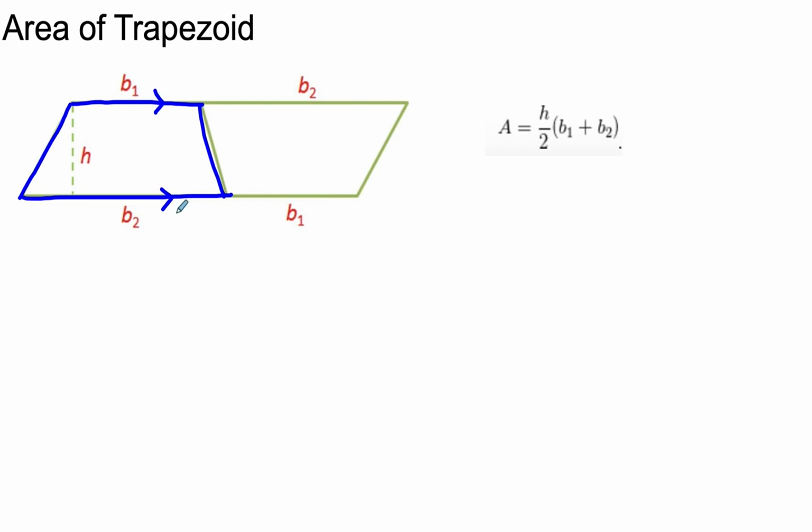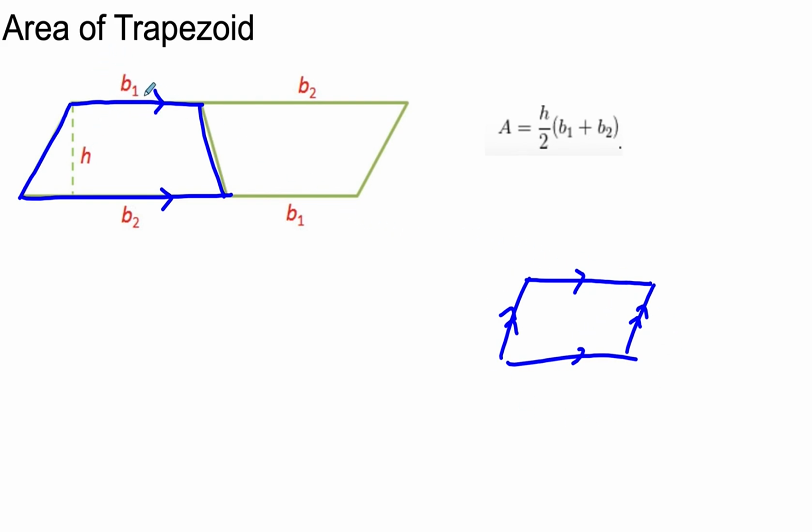So at least one pair of opposite sides are parallel, then it is a trapezoid. Then you can see that, oh, a parallelogram has two pairs of parallel opposite sides. These two are opposite and parallel, and these are also parallel to each other, right? So it is also a trapezoid. But most of the time it shows a picture like this in the poster. But remember, this is also a trapezoid.